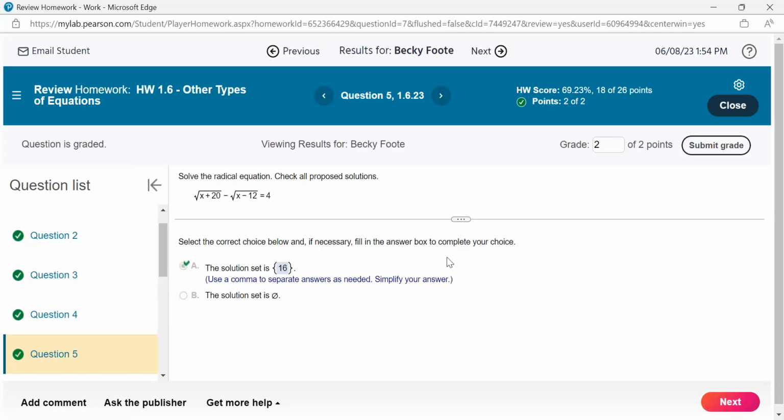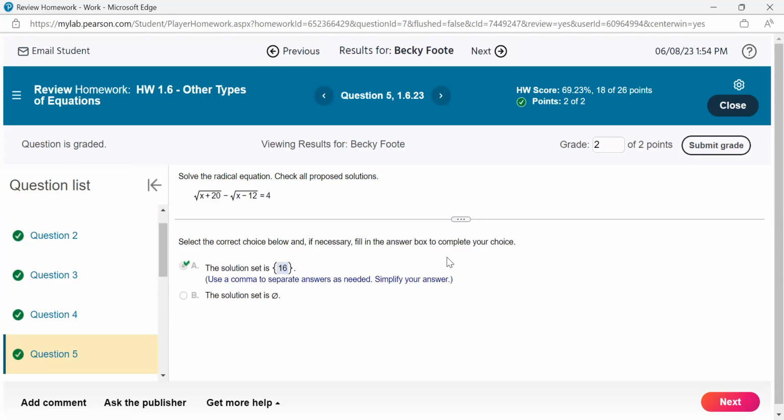The reason I put that question in there is because it shows you that the algorithm that I laid out for solving this still works, which is isolate the square root. Well, I've got 2 of them, so I have to isolate one of them. Square both sides, and squaring both sides becomes tricky. Then solve the remaining equation, but the remaining equation still has a square root, which means you've got to start the process over again.